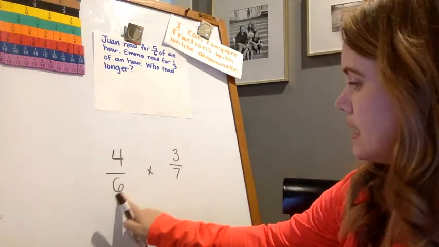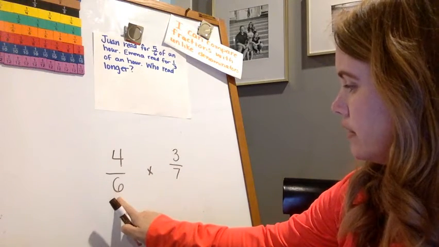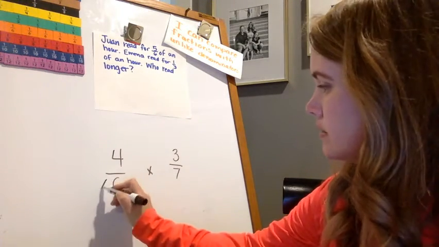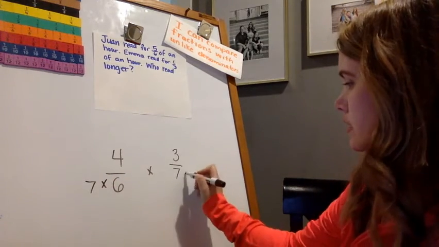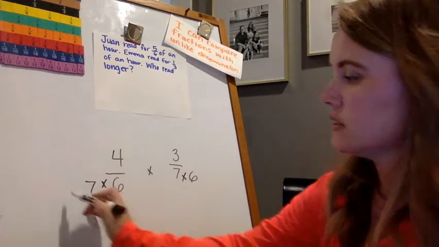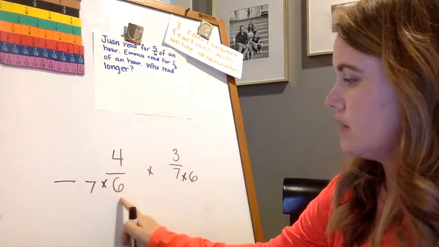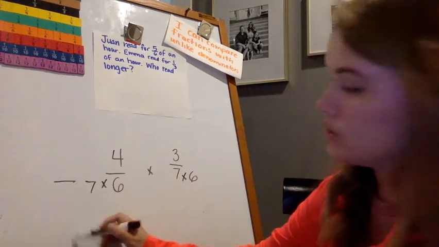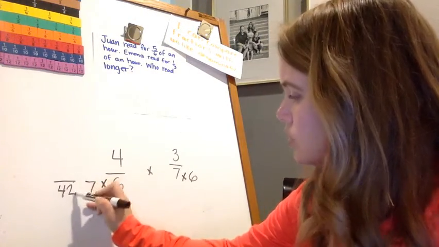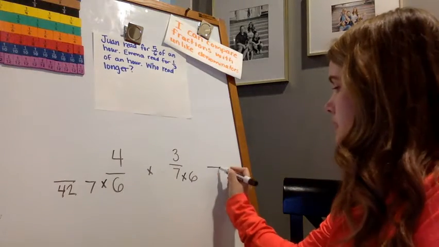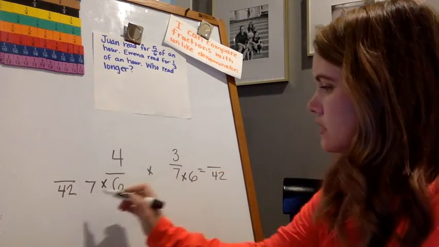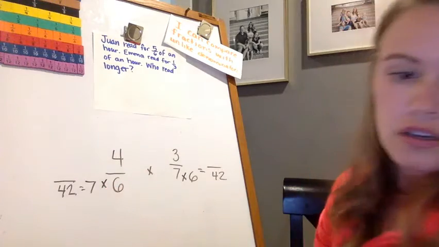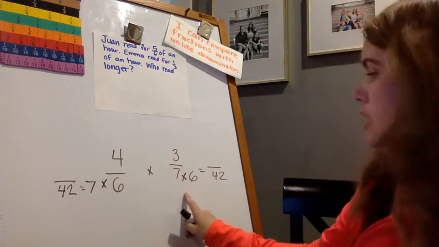So I can take this side over here times 7, and this side over here times 6. So 7 times 6 is 42. So we know 6 times 7 is 42. You'll just get the opposite, and that would give you a common denominator.